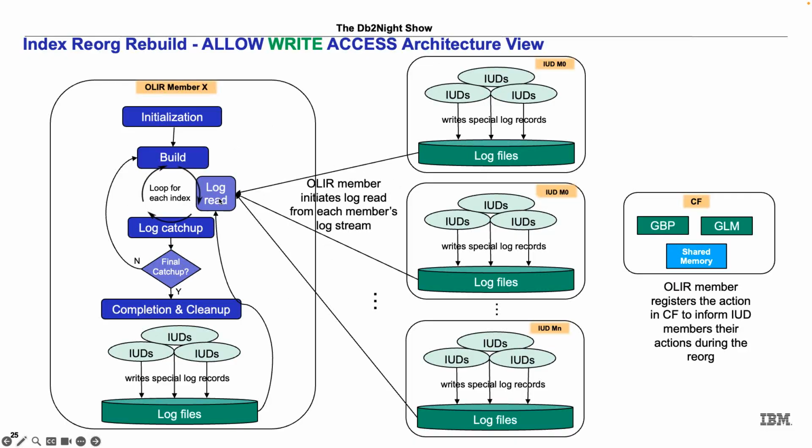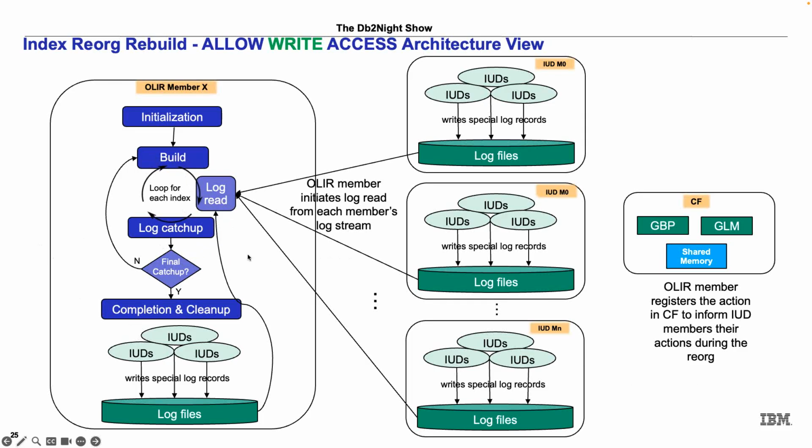Then it reads the log into the local buffer, and the log catch-up will know where to start to replay and apply each of them to the shadow index, which will ensure consistency between the table and the newly rebuilt index. Okay, the catch-up is done after each index is built. We'll catch up to the current end of the log.